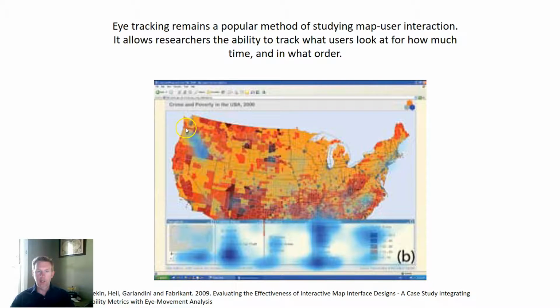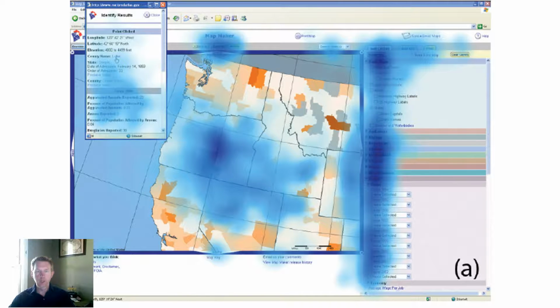I think in this case, the question that was part of the study had to do with analyzing connections up here. So you see some light blue in the map, but a lot of attention paid to the symbology. Here is another instance of that, again, the dark blue showing what people are looking at, the duration of the eye fixations, or potentially the number of eye fixations.